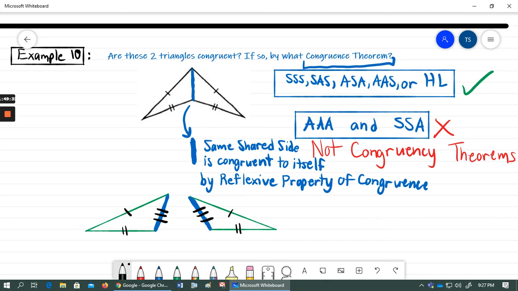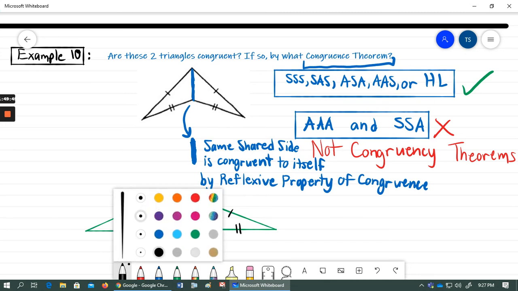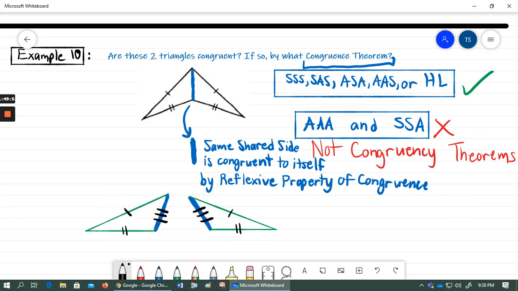So based on that, folks, we got all three sides in this triangle that literally are matching and are congruent to those corresponding sides in this other triangle. So we know that these two triangles have got to be congruent.